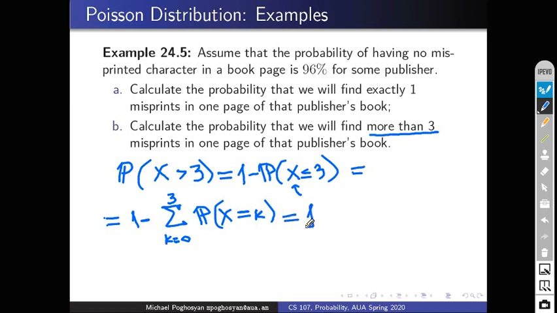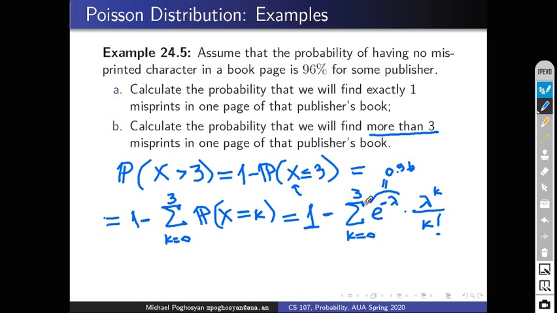And now I want to plug in the formula for calculating those probabilities. So k is from 0 to 3, and the probability that x is taking the value k under the Poisson model is e to the minus lambda times lambda to the k over k factorial.